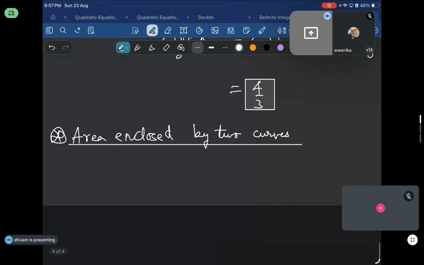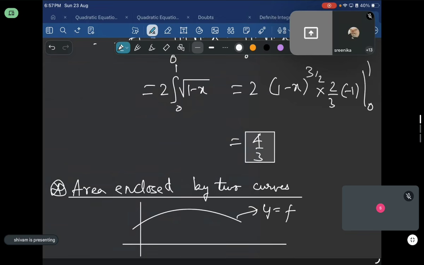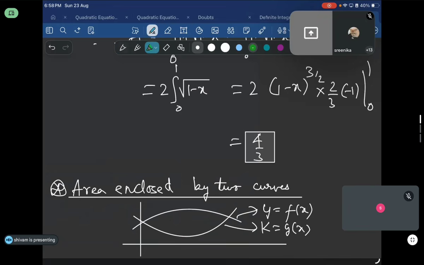Pay attention. So suppose this is y equal to f of x, and let us say that this is y equal to g of x. And this is the area we need to find out.